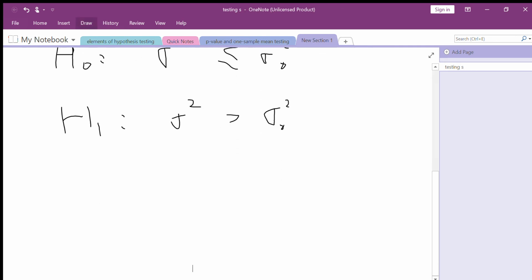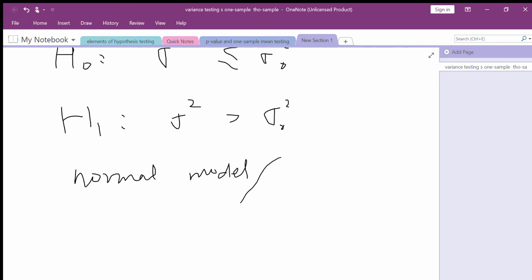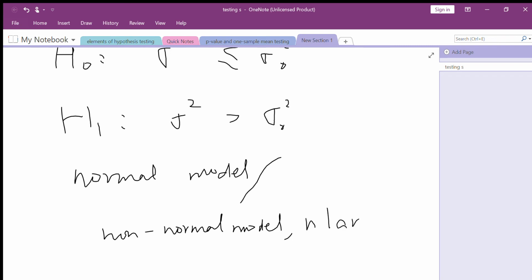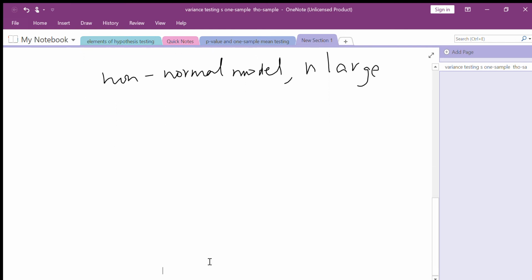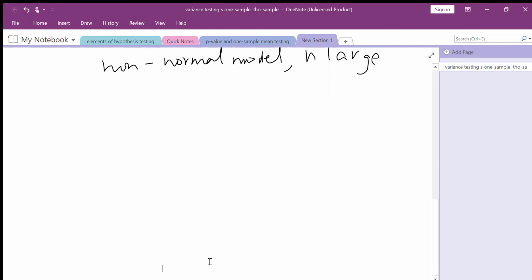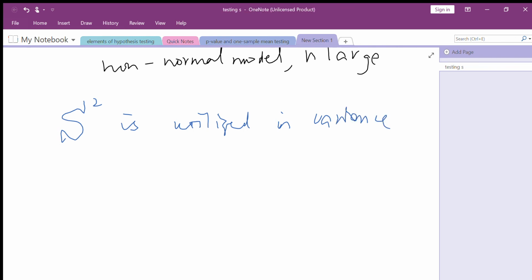We assume the model is a normal model or a non-normal model but with large sample size, and sample variance is utilized in variance testing.